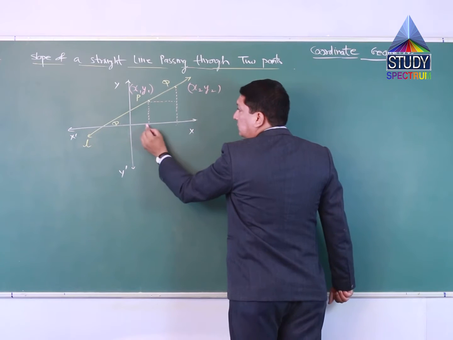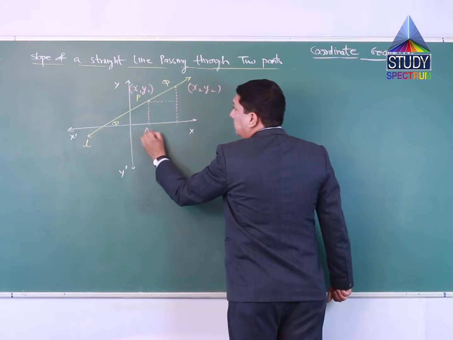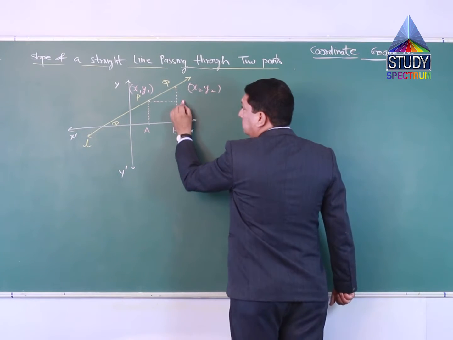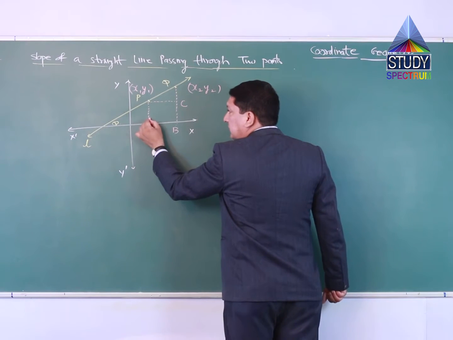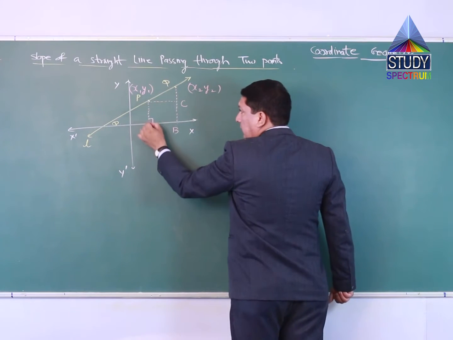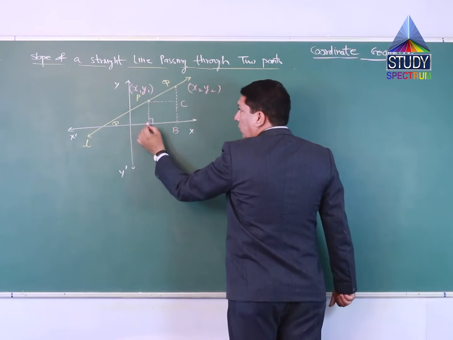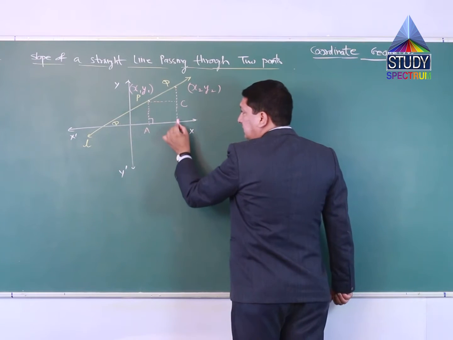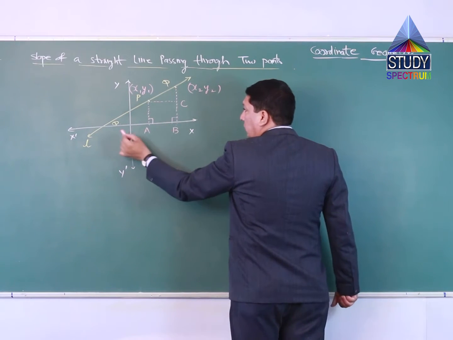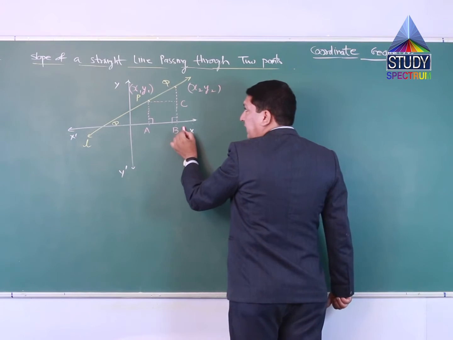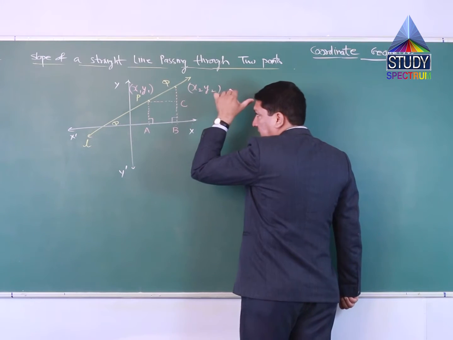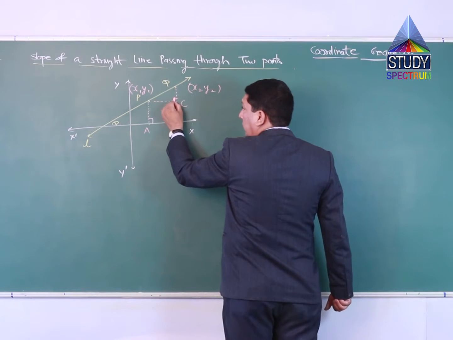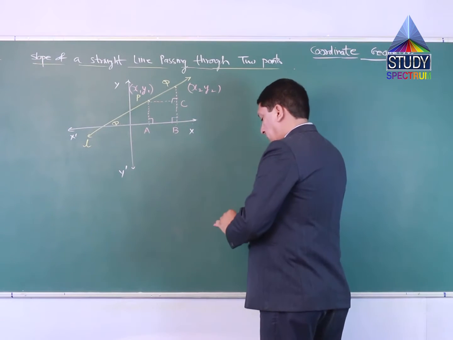So if I name this point as say A, this point as B, this point as C, what I have done is drawn perpendicular to axis X, or rather parallel to y-axis, and from point P line perpendicular to QB. Right.